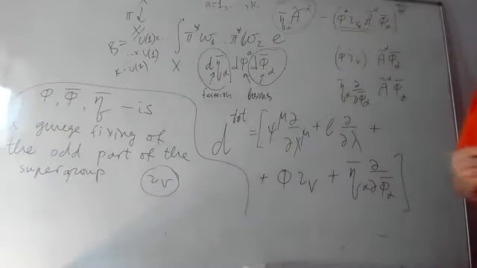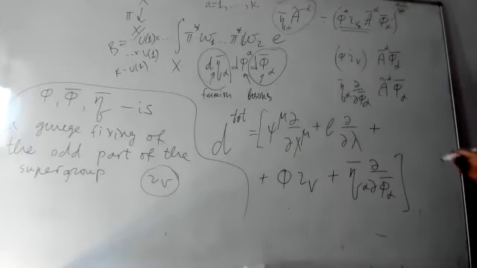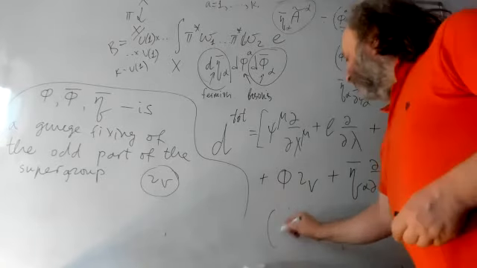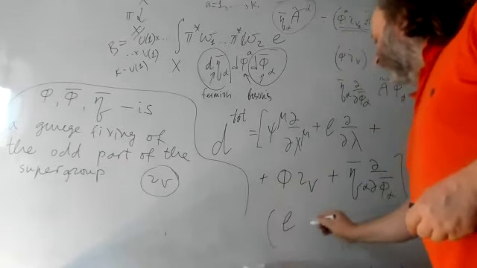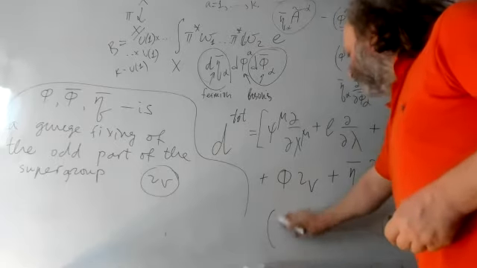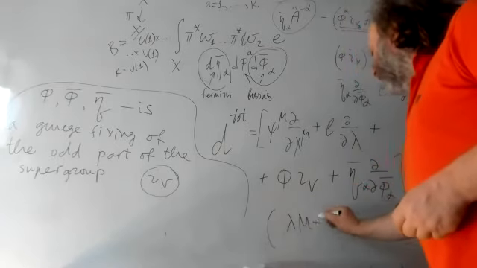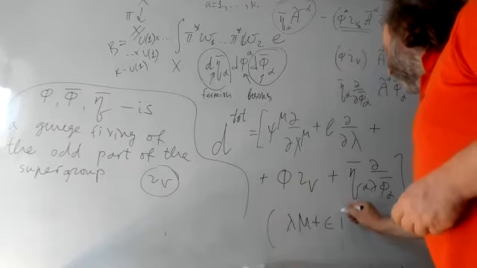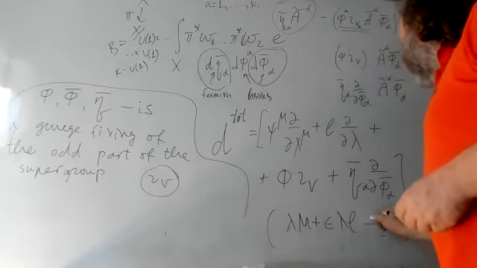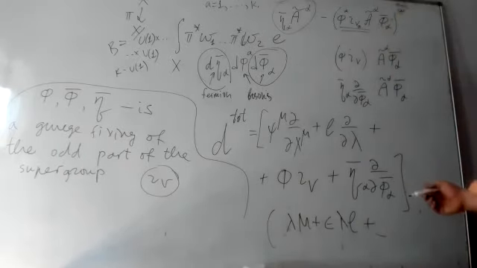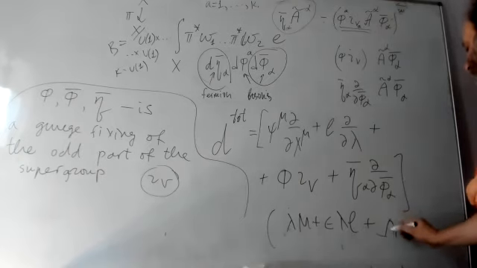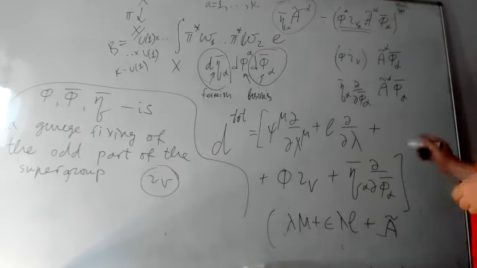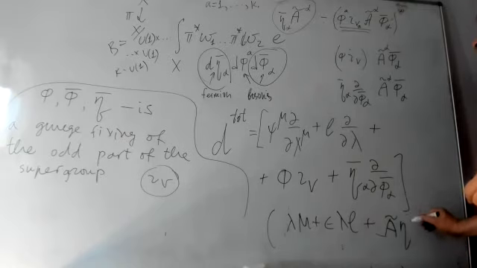So sorry, before the physics, this d total: there are two parts that are the usual equivariant differential, and then there are two other parts. Let us see what stands here. Here what stands is lambda m plus epsilon lambda L plus A bar eta bar.